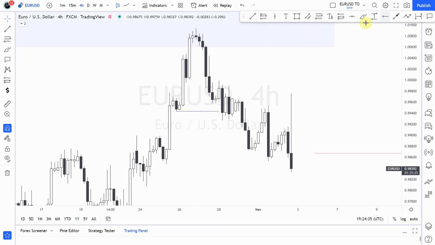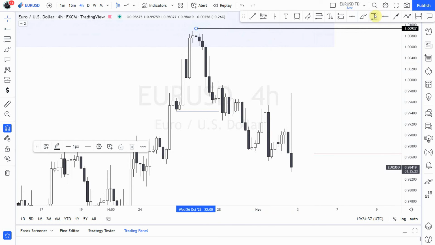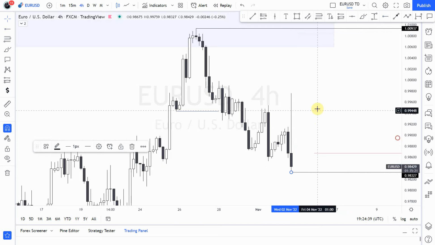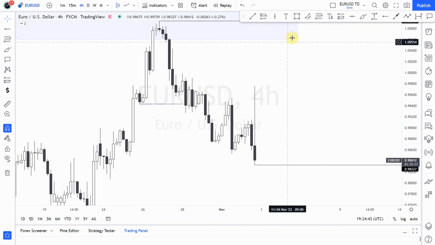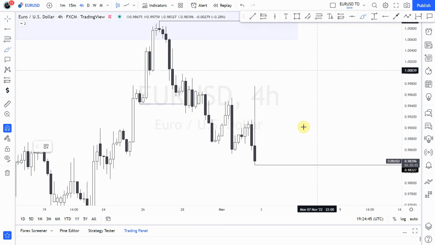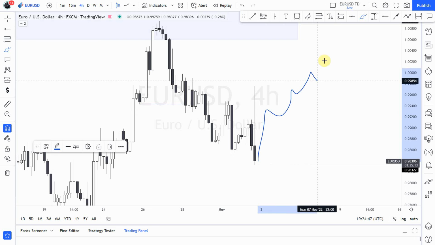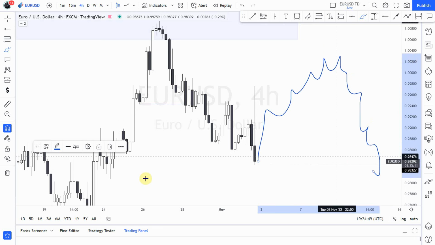So I would view this as my current range for the 4 hour, with the viewpoint that I would perhaps expect price to at least pull back and then continue lower.